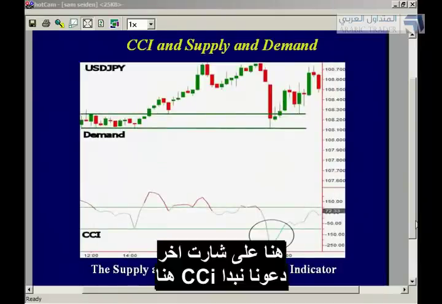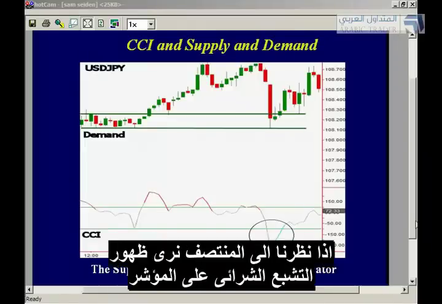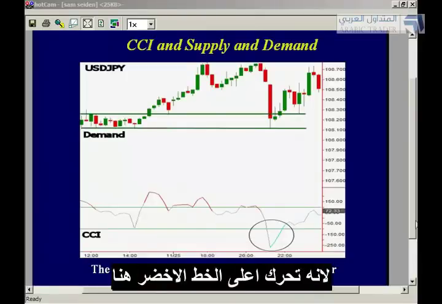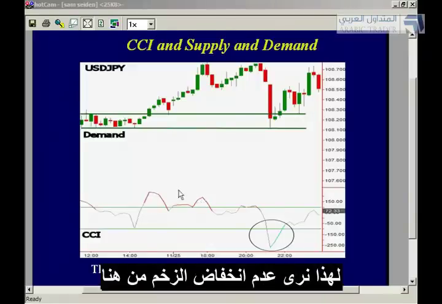Here's another chart. Okay. Let's just start on CCI here. If you look in the middle, you see where CCI goes overbought, right? Goes above the top green line there, and it stays overbought. This is where oscillators break down, and they all do this.